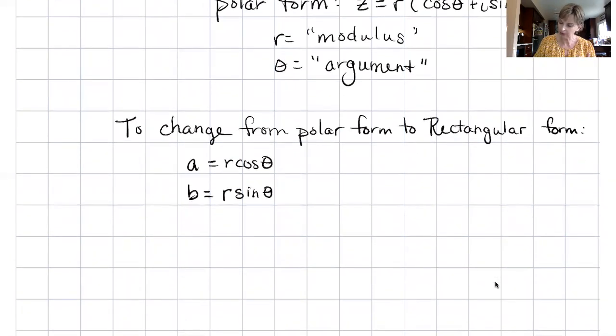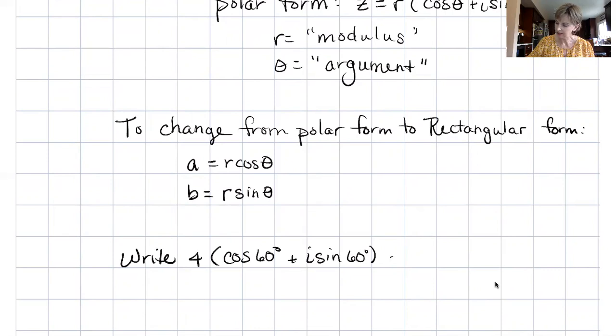Okay, so let's say we wanted to write 4 cosine 60 degrees plus i sine 60 degrees in rectangular form.